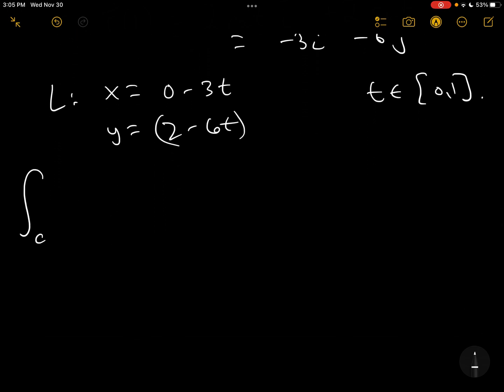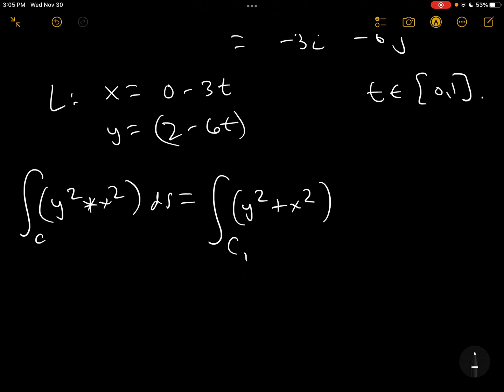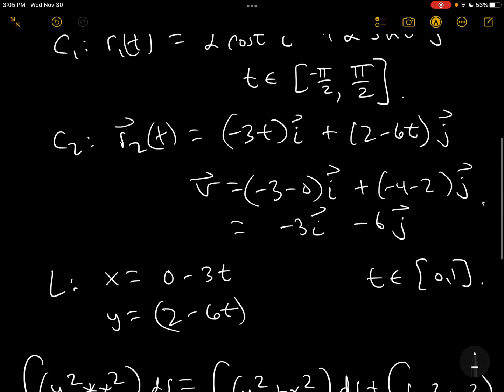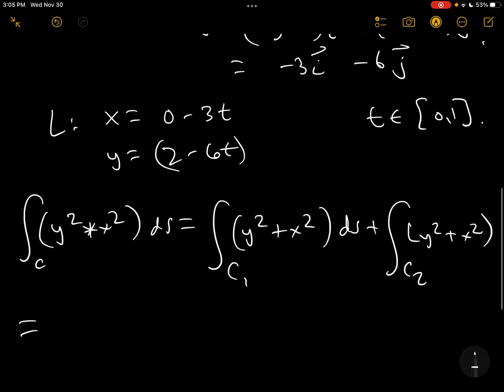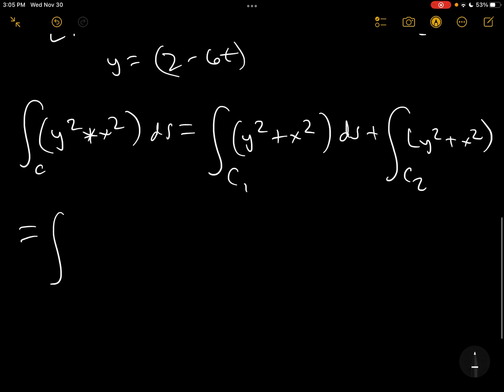So the integral over C, what is it? Y squared plus x squared ds is the first curve here, plus the second curve. And let's see, on C1, t goes from minus pi over 2 to pi over 2.